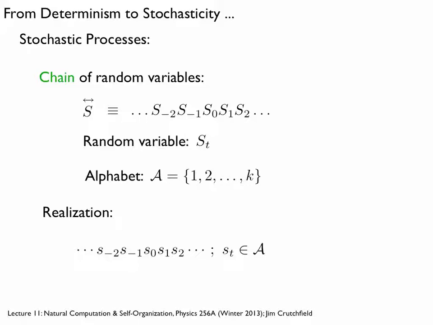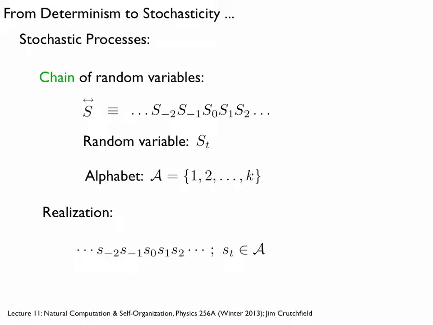So typically, we'll think of this as discrete time measurements. We have a random variable at each time. And there'll be some shared alphabet for the random variable across the different times. And we'll assume, again, mostly to help ourselves here, that the range of values each measurement can produce is discrete. In fact, I'm saying 1 up to k here, but mostly we're going to just look at binary processes.